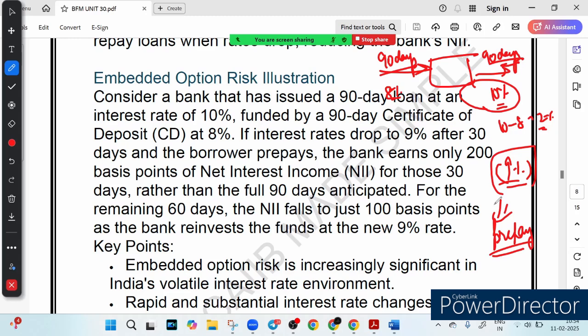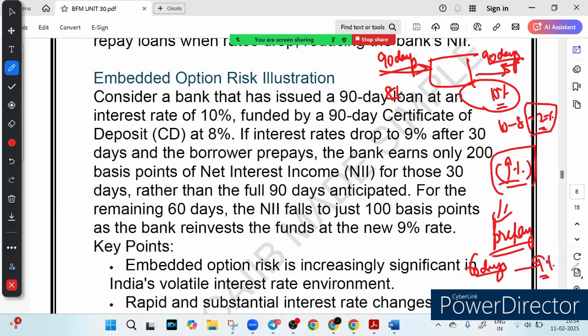So what is the impact on bank earning? For the first 30 days, the bank earned 2% as expected. But after 30 days, suppose that person goes to the bank and returns the entire loan amount. That means he prepaid the loan. Now for the next 60 days, the bank has to reinvest at 9% instead of 10%.